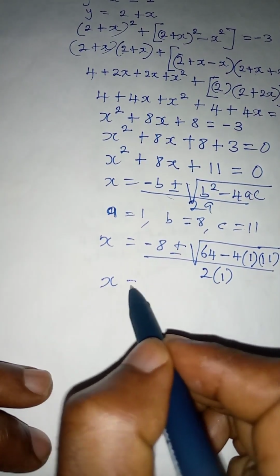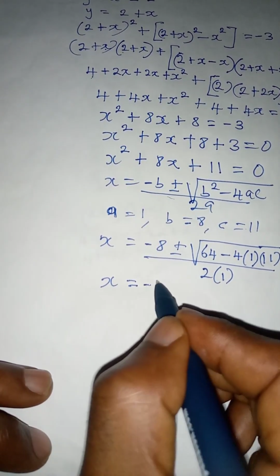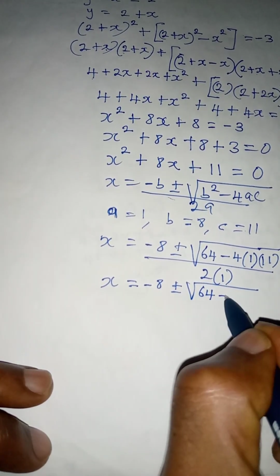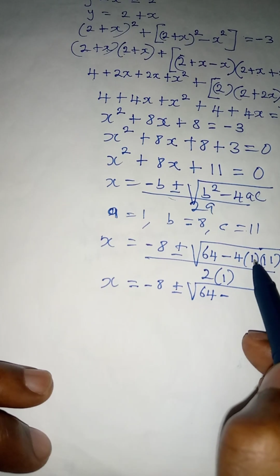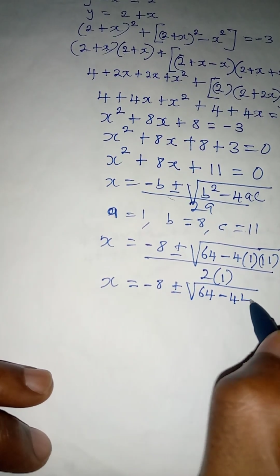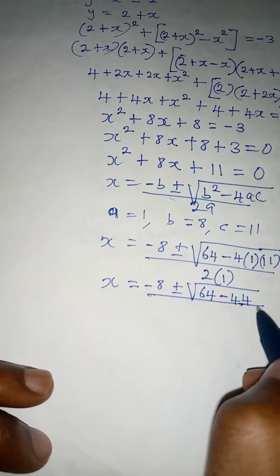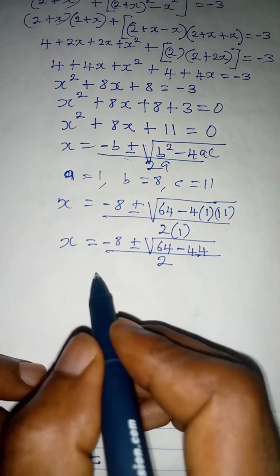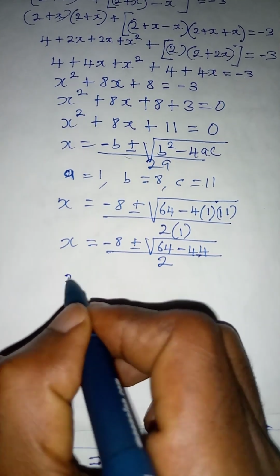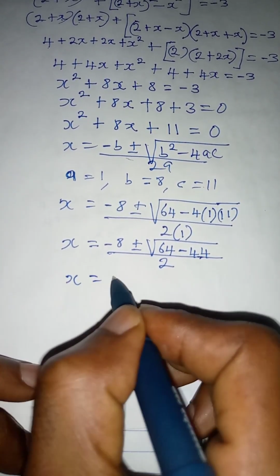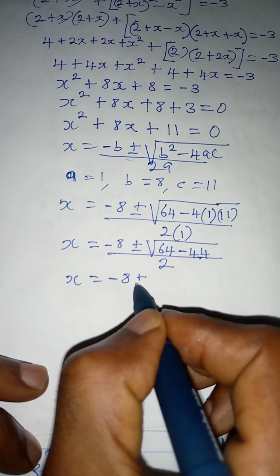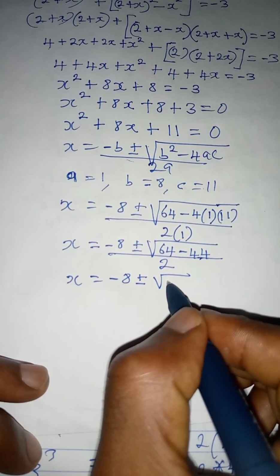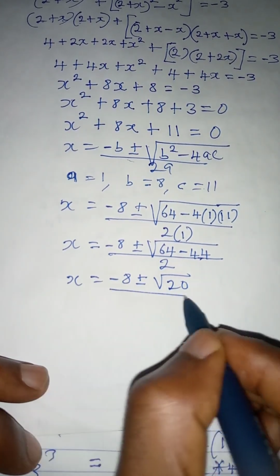Now x will be equal to minus 8, positive or negative, square root of 64 minus 4 times 1 times 11, which will give us 44. And this is still over 2. So from here, I can say that x is equal to minus 8, positive or negative, square root of 64 minus 44, which gives us 20, over 2.